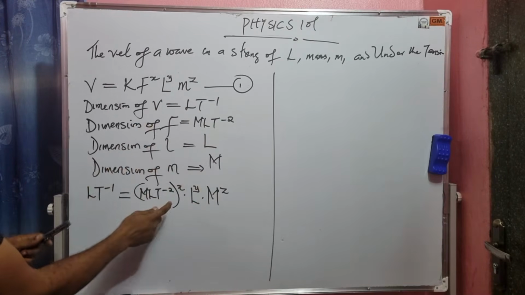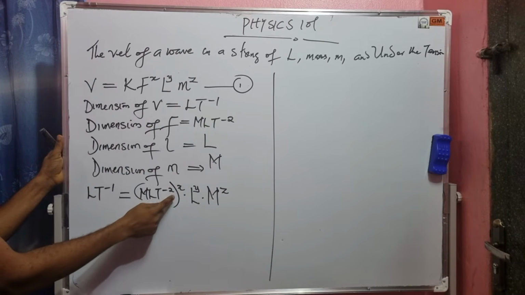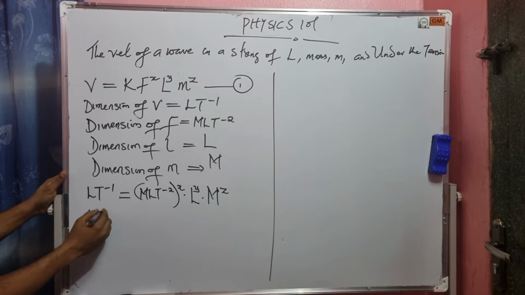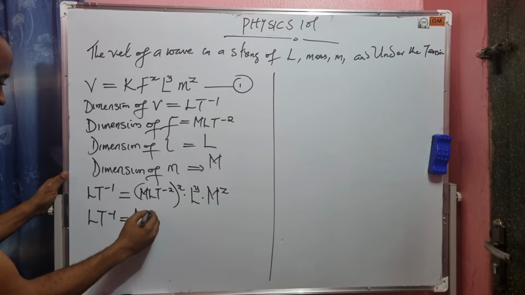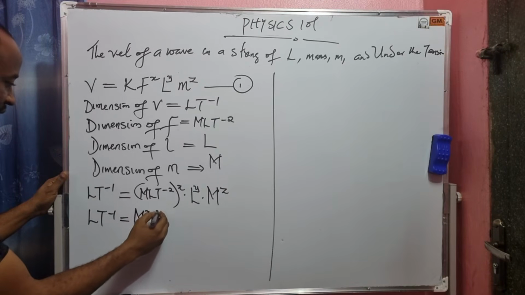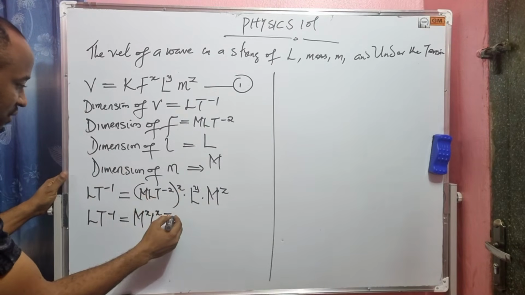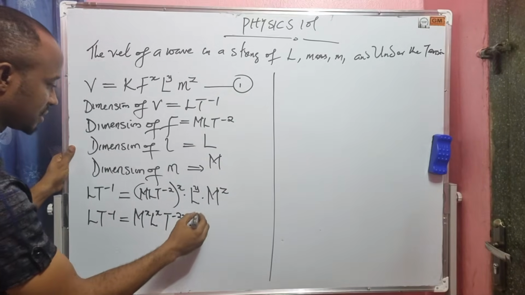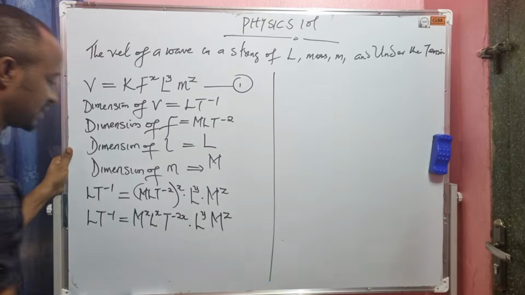The next step is to expand this, because all of these terms are affected by these exponents. So let's expand. We have LT^-1 equals M^X L^X, then T to the power of minus 2 times X, which is minus 2X, all times L^Y, then M^Z.